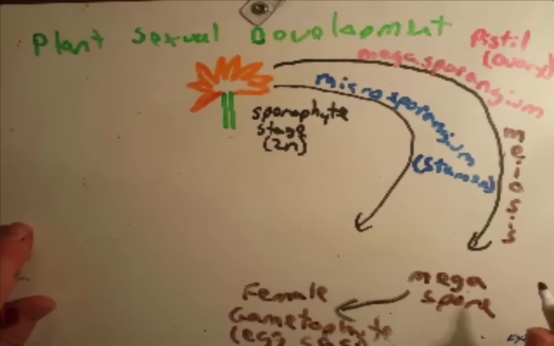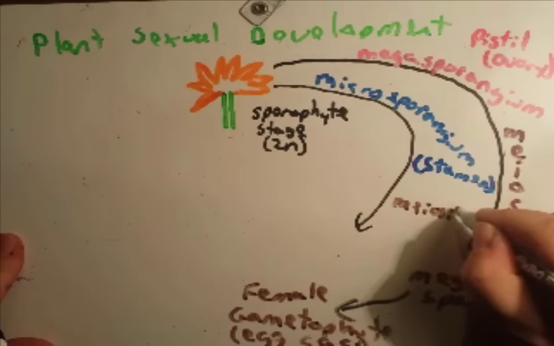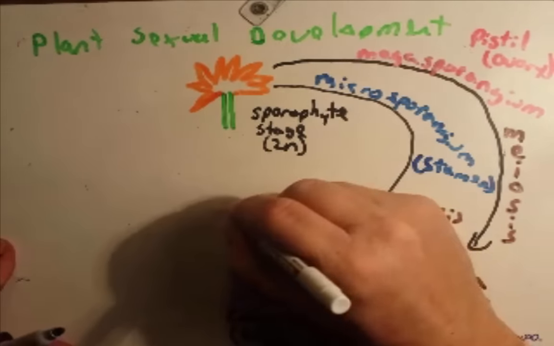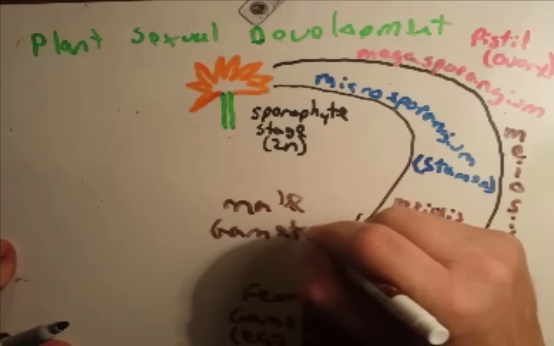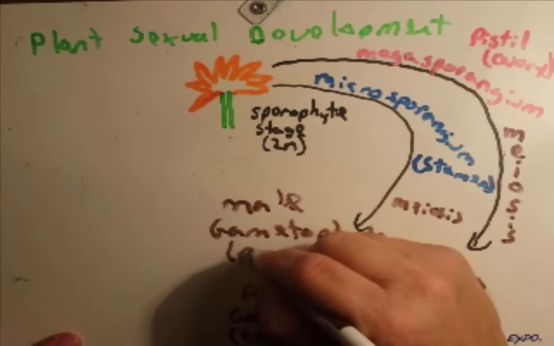S-T-A-M-E-N. Again, through this process of meiosis, we will take this diploid microsporangium and produce the male gametophyte. We could also call this the pollen grain.